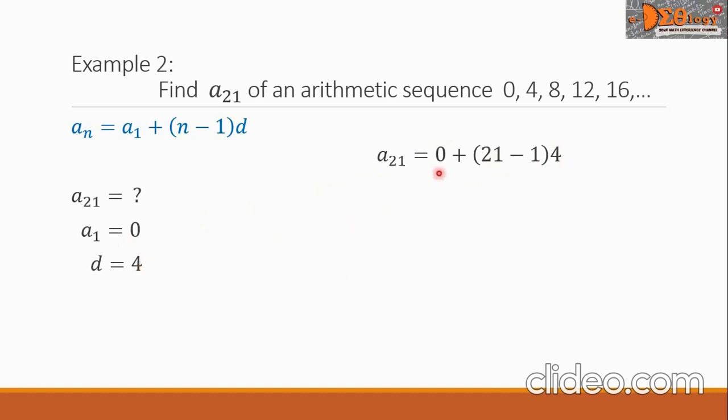Simplifying further, so the 0 here can be deleted. The 21 minus 1 is 20, then multiplied by the 4. So our a sub 21 equals the product of 20 and 4, and that is 80. This is our final answer.